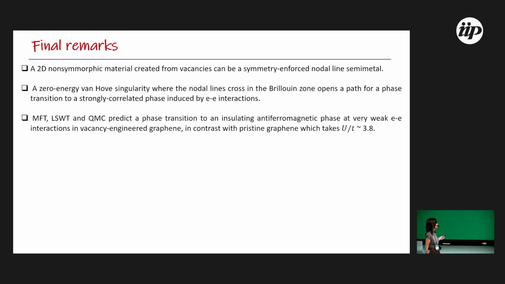And using mean field theory, linear spin wave theory, and quantum Monte Carlo, we do predict that this phase transition to a strongly correlated phase occurs, and this is an insulating antiferromagnetic phase.